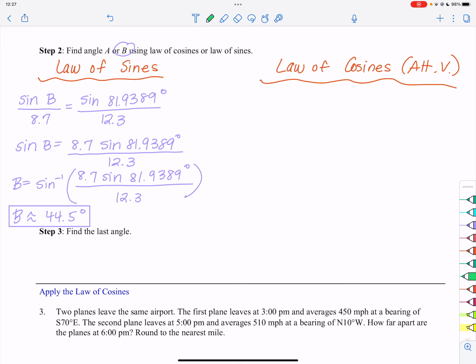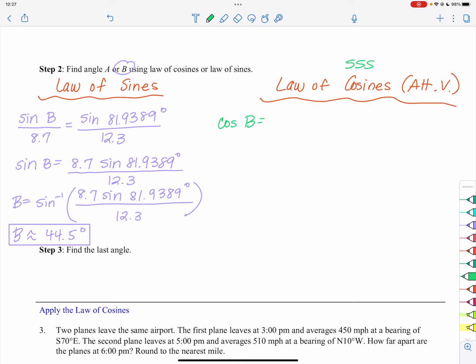So we have that the cosine of B, and remember, this is when we have all the sides. And we'll have 10 squared plus 12.3 squared, and we have minus 8.7 squared.